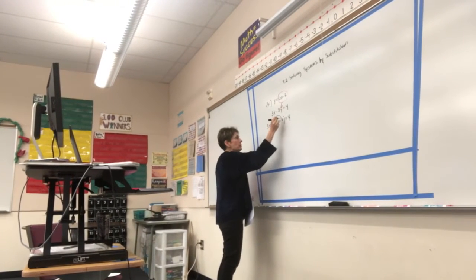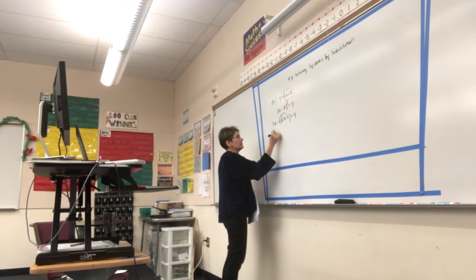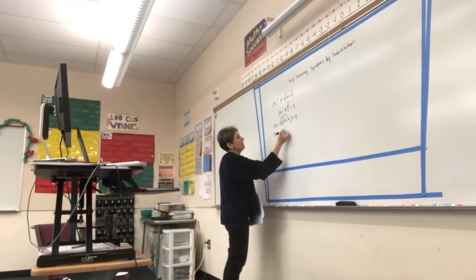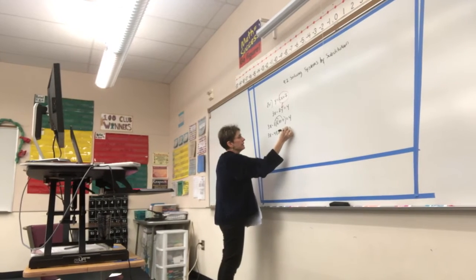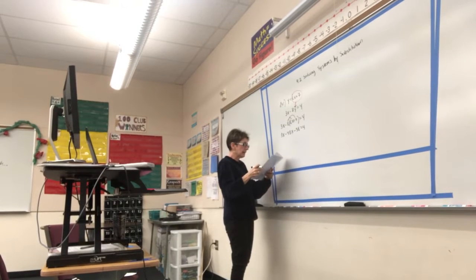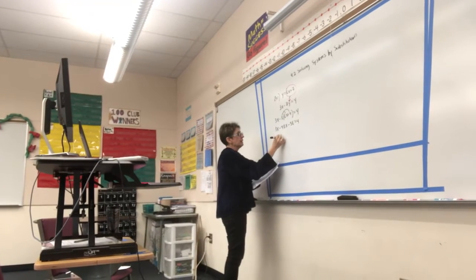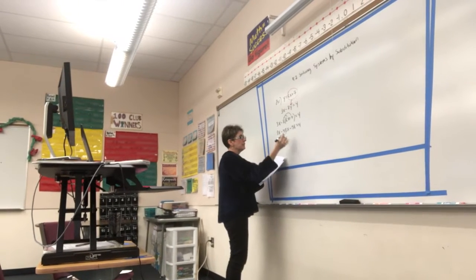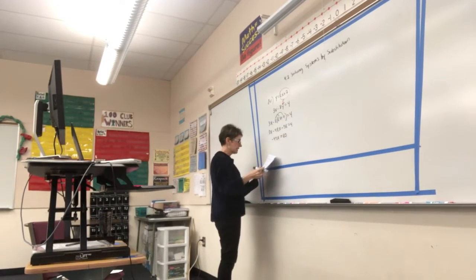Now we're going to distribute, so we're going to have 3x minus 48x minus 56 equals 4. And then we're going to combine like terms and get negative 45x. And then we're going to add 56 and get equals 60.